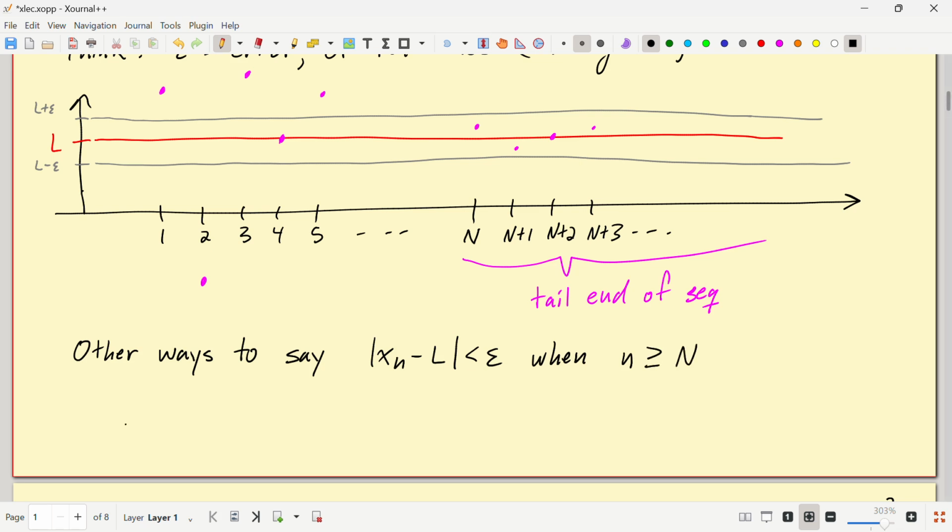So other ways to say this when n is bigger than or equal to N. Let's see, a common way. We've seen this interval, this neighborhood, epsilon neighborhood interval. That was notation for the x such that the absolute value of x minus L is less than epsilon.